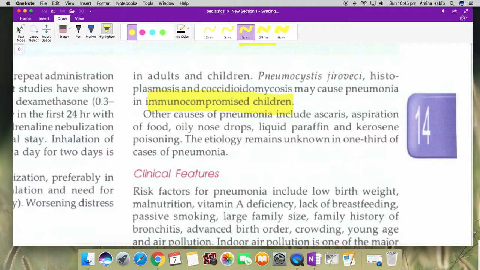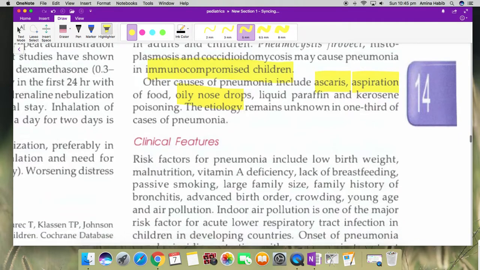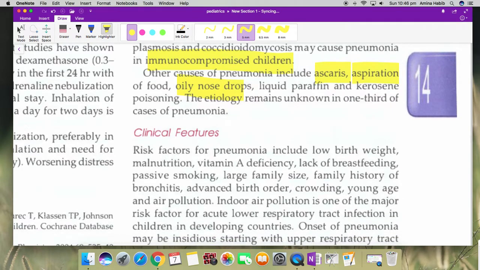Whereas some rare causes like Ascaris, aspiration of food, oily nasal drops, liquid paraffin, and kerosene poisoning may also be there. And in one third of the cases, it's idiopathic. So we have discussed all the aspects of this.